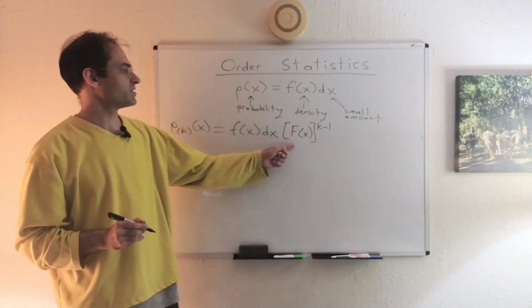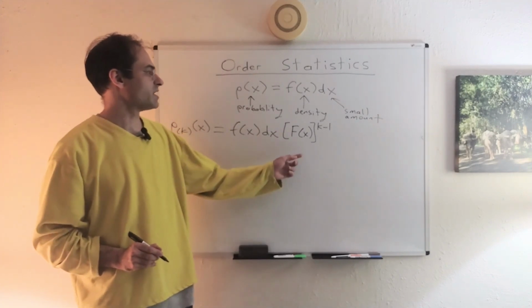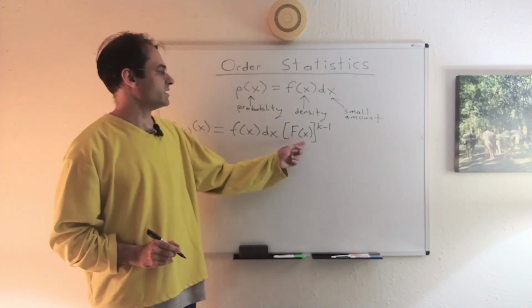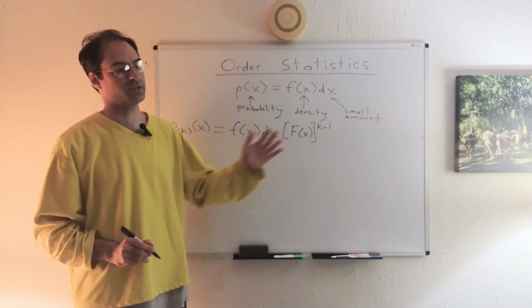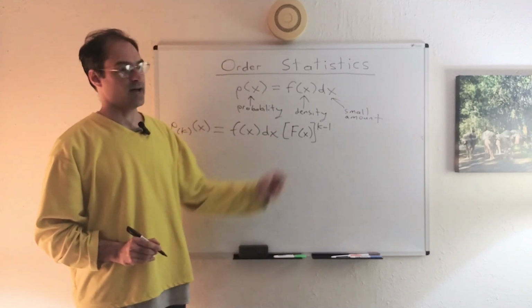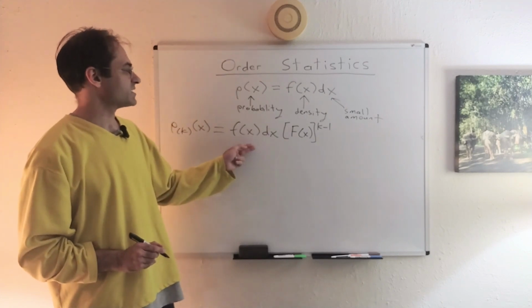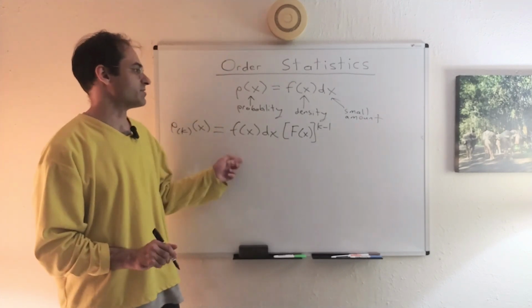This big F here is the cumulative distribution function, which tells us the probability that the random variable is x or less than x. So it's in that range from the lower bound up to x. That will be k minus 1 less than x. What's left? Well, there's n minus k left that have to be greater than x.